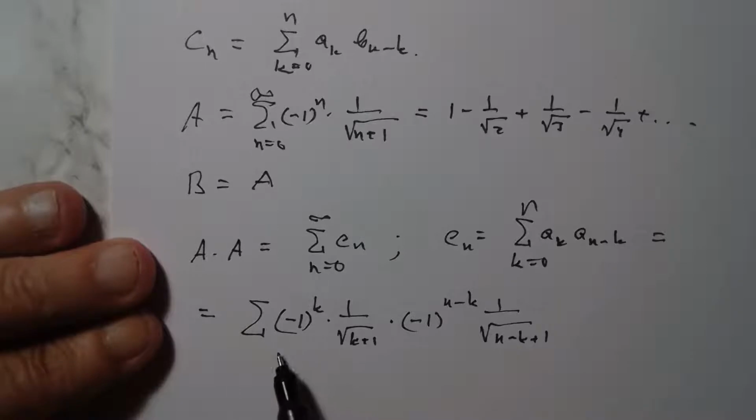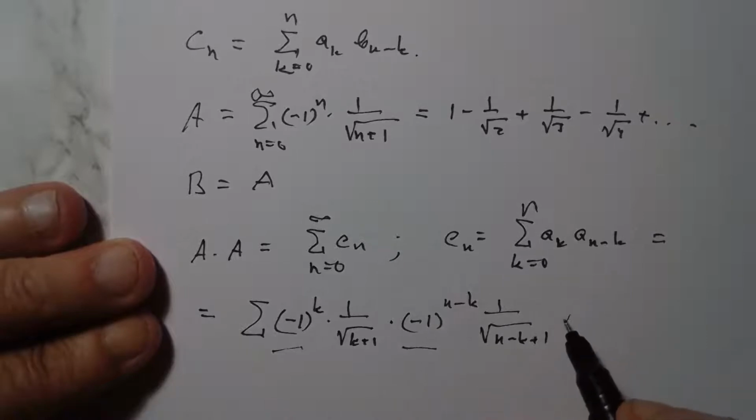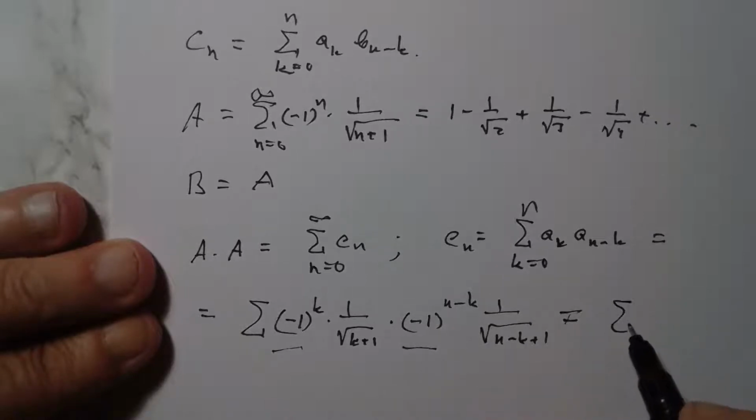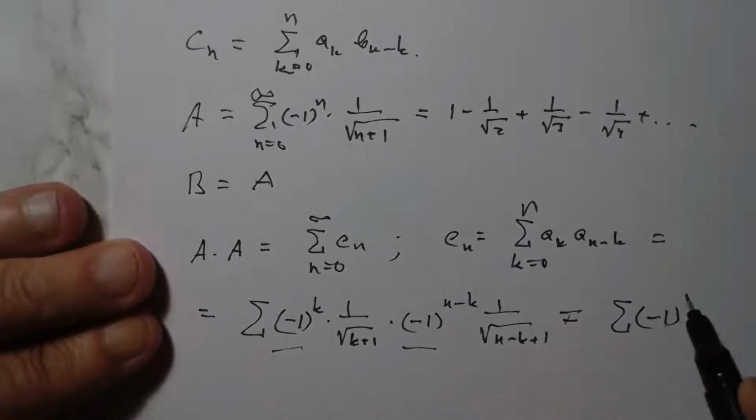Now let's deal with these minus 1s first, because notice that minus 1 to the power k times minus 1 to the power n minus k is equal to minus 1 to the power n. And then I will have 1 over square root of k plus 1 times 1 over square root of n minus k plus 1.